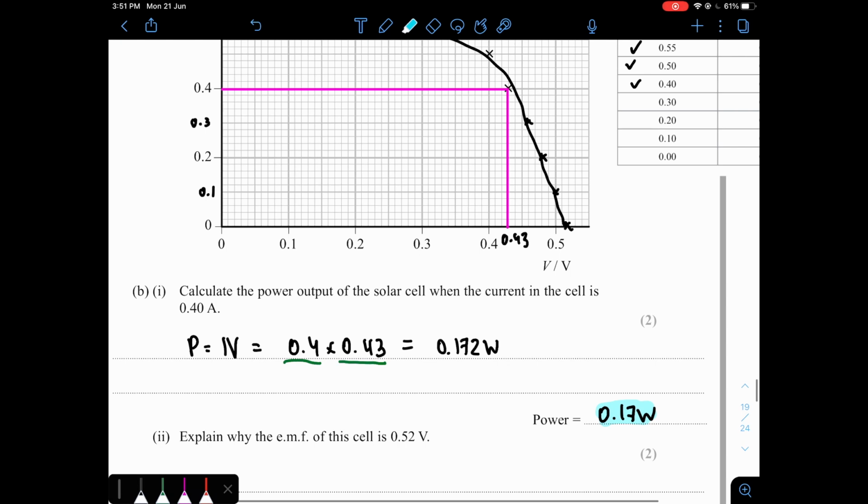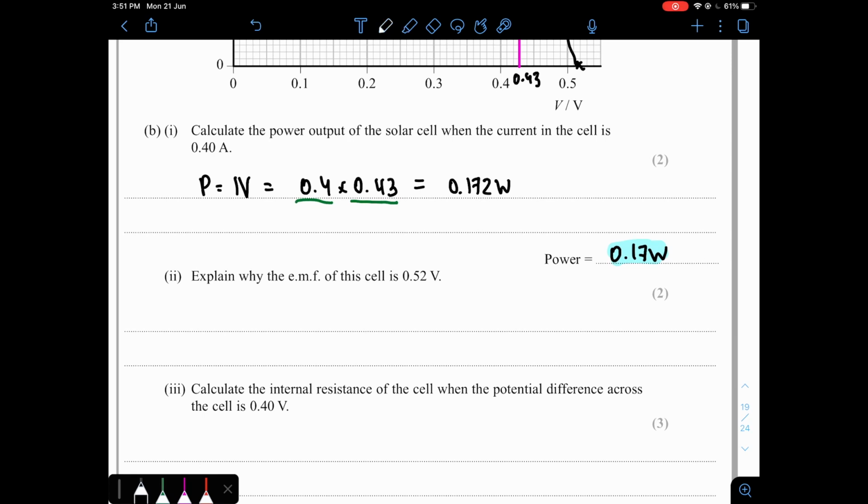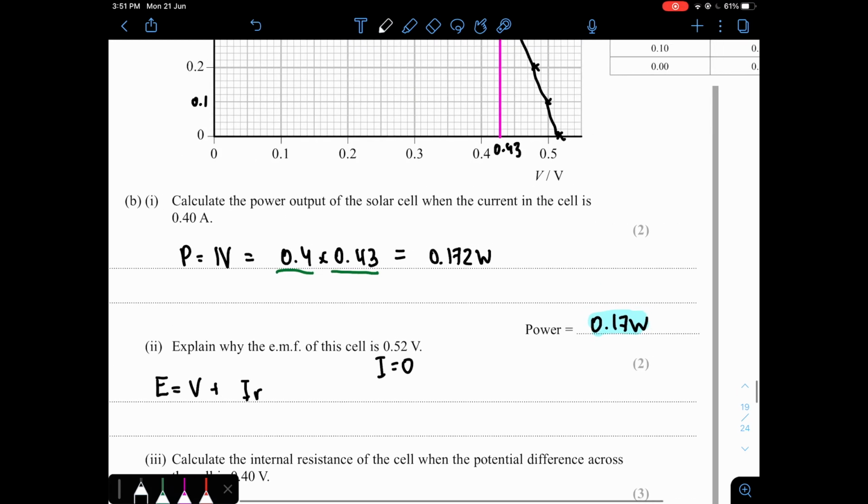Explain why the EMF of this cell is 0.52. Now, EMF is the electrical energy source, right? So we know that E equals V plus Ir, with small r. We know that I is 0 when it's 0 all the way across.